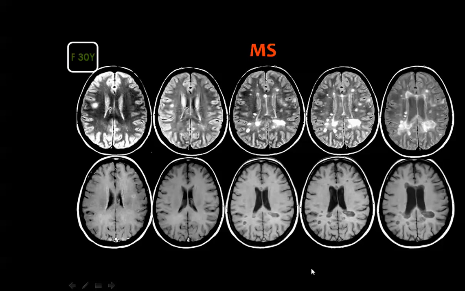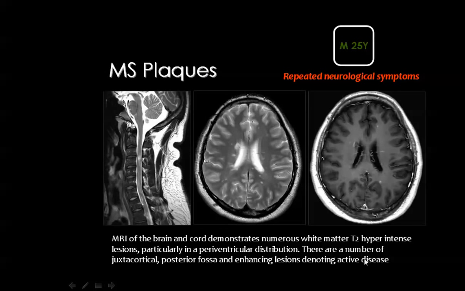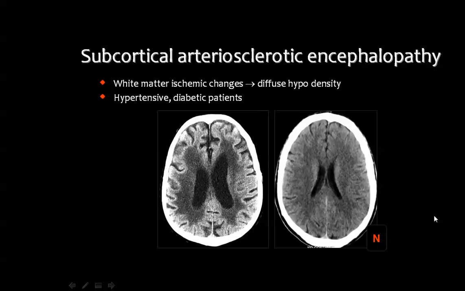The infarctions are usually located away from the ventricular wall, and the affection of the region adjacent to the corpus callosum is one of the supportive evidences for MS. And in the enhancement, you know that lacunar infarctions do not enhance, but the MS plaques usually enhance if they are active plaques. And the plaques may occur in the brain parenchyma and also in the spinal cord, and I will explain this in full detail later on, inshallah.